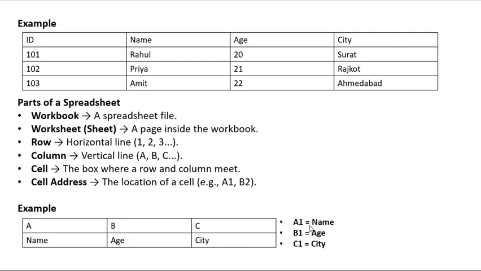So A1 is the first student's name, B1 is the first student's age, and C1 is the first student's city.